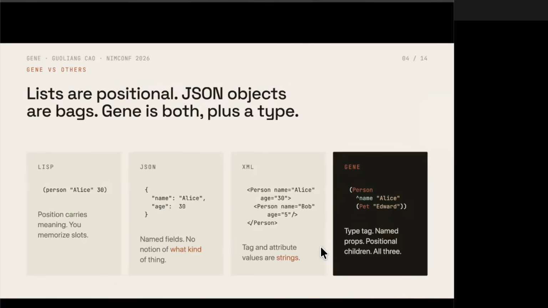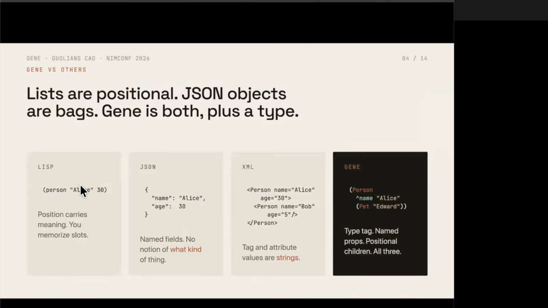Let's compare Guoliang with some other popular data types side by side. First, we have Lisp. Lisp has the list, which is just ordered elements, and Lisp requires you to assign special meanings to each position. For example, the first one is the type of the list, so it's a person.